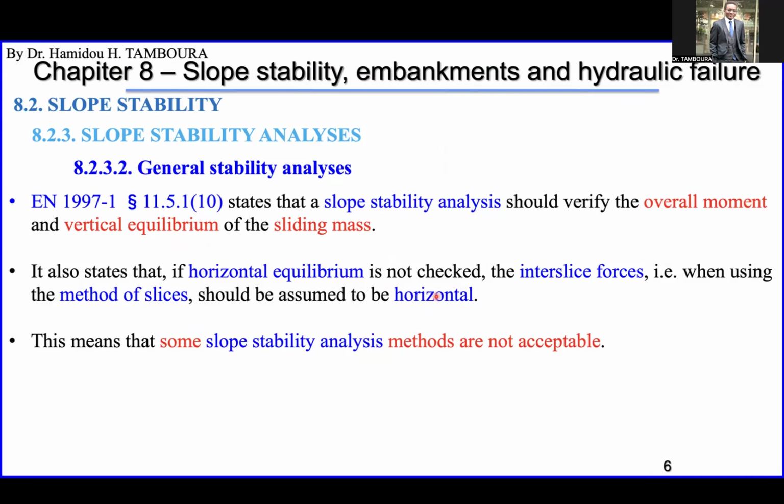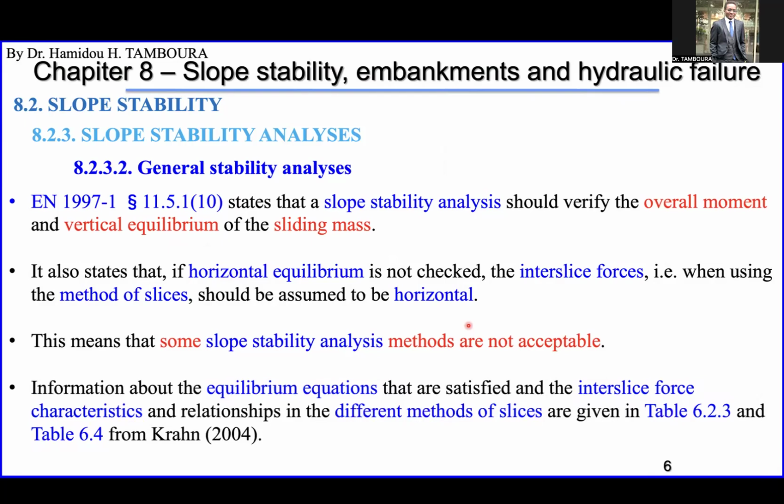It is just recommending some methods. These methods are different, and according to what Eurocode is recommending here, not all methods can be used. So in this we will show you what methods satisfy the Eurocode recommendation for slope stability analysis.